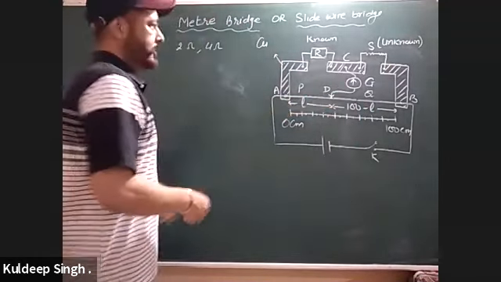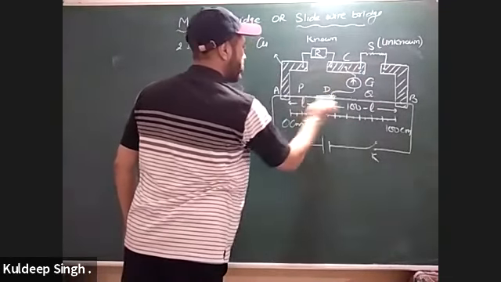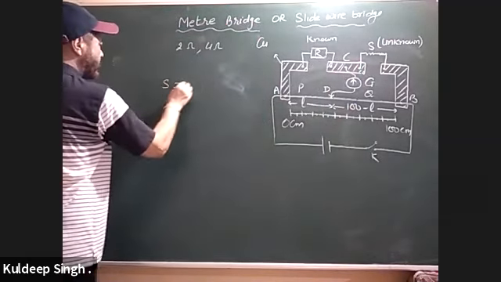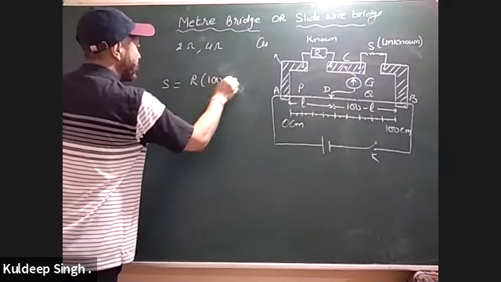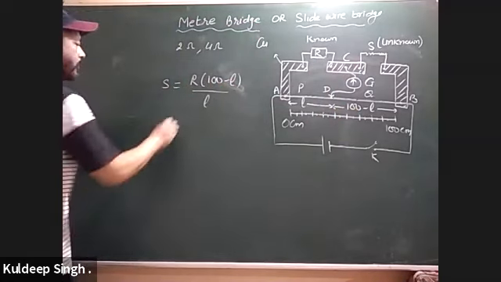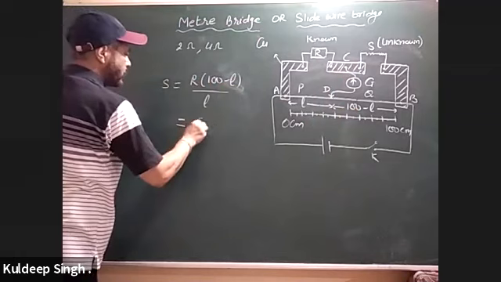In that case, at the null point, R by S equal to P by Q. So therefore, I can again find out S by using the formula R into 100 minus L by L, and you will find that this resistance S will be equal to 6 ohm.